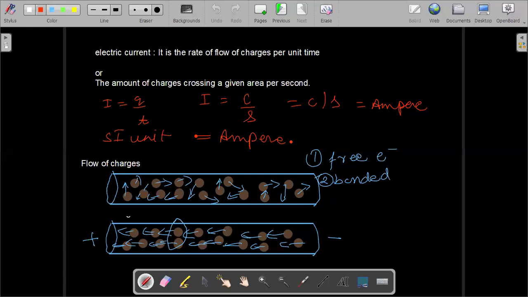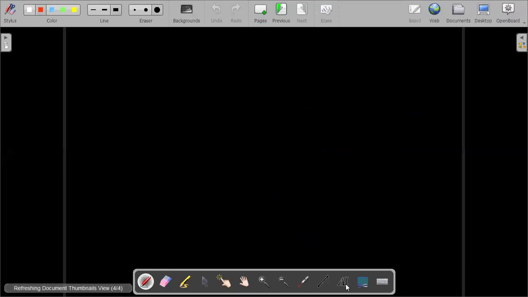So, the more free electrons, the more the conductivity. On this basis, we can tell which substance will be a conductor and which will be an insulator. A substance which has a good number of free electrons will be a conductor, whereas a substance which has fewer free electrons will be an insulator. Got it?